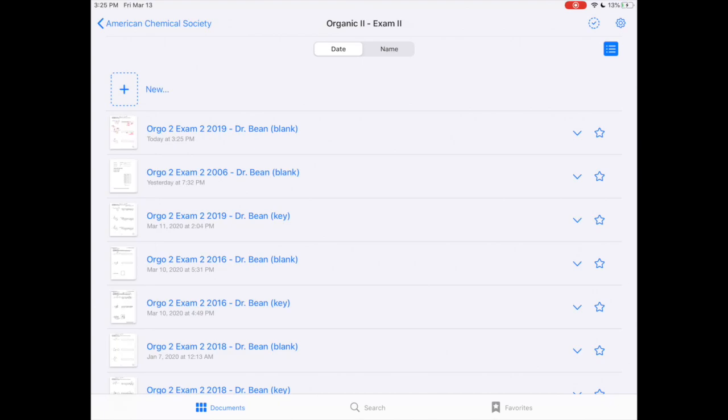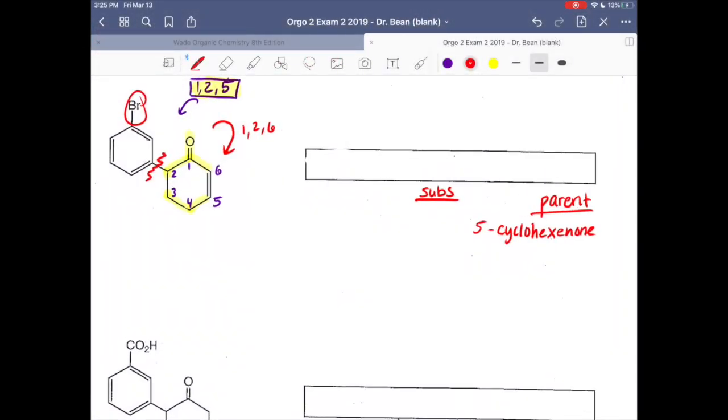Well, first, let's number, you always start from the carbon that is directly attached to your parent. So that would be our number 1. And then we number it in such a way to give us bromine on the lowest number, right? Same rules apply. So we're going to put that as 3-bromo.